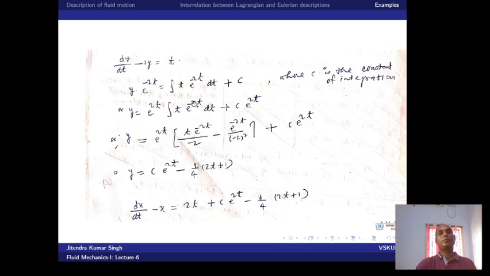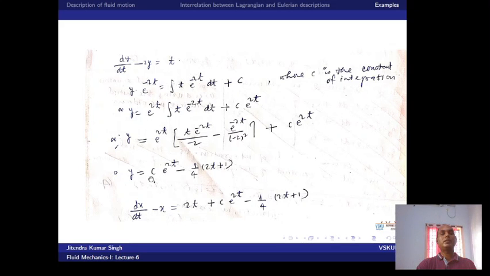The integral of e to the power minus 2t is e to the power minus 2t by minus 2, which is integrated once again, giving e to the power minus 2t by minus 2 whole squared, plus c e to the power 2t. Now we simplify it, and we get y is equal to c e to the power 2t minus 1 by 4 (2t plus 1).